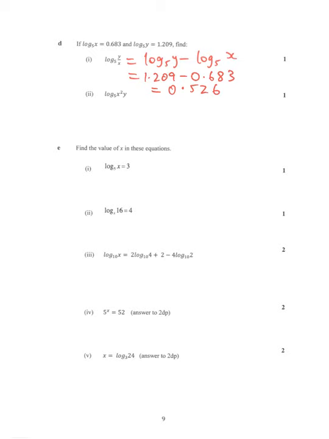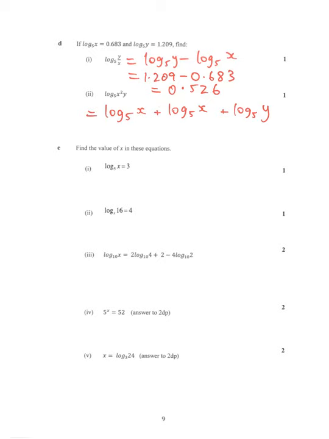Along a similar line here, I've got log 5 of x squared y, and I'm actually going to split this up three ways. Log 5 of x plus log 5 of x plus log 5 of y. And that's me saying I've got x times y. If you were to say, oh, well, what about if I bring that 2 out the front? You can do that, but it's not 2y. It's just 2x because y only has a power of 1 in there.